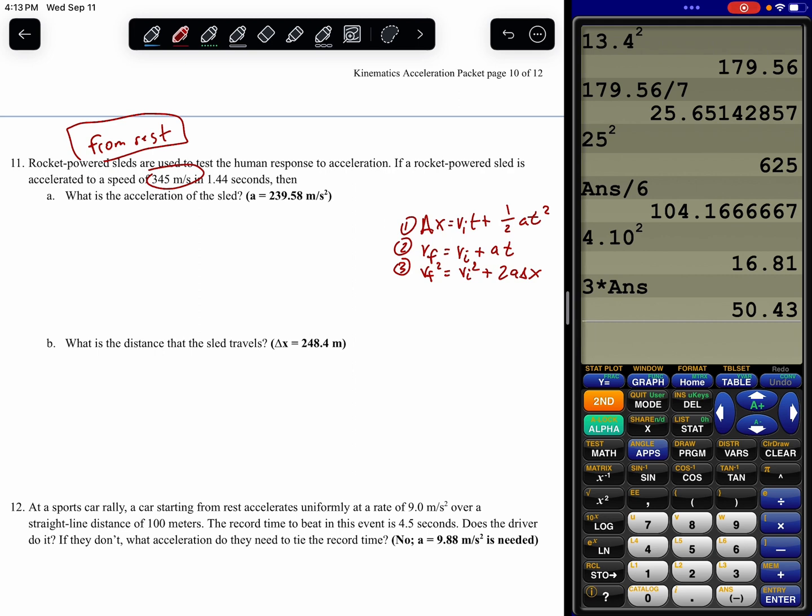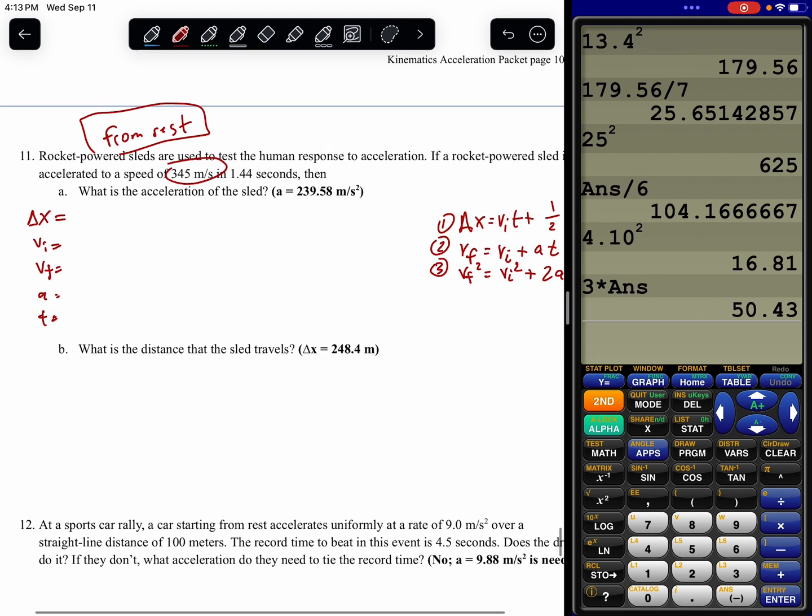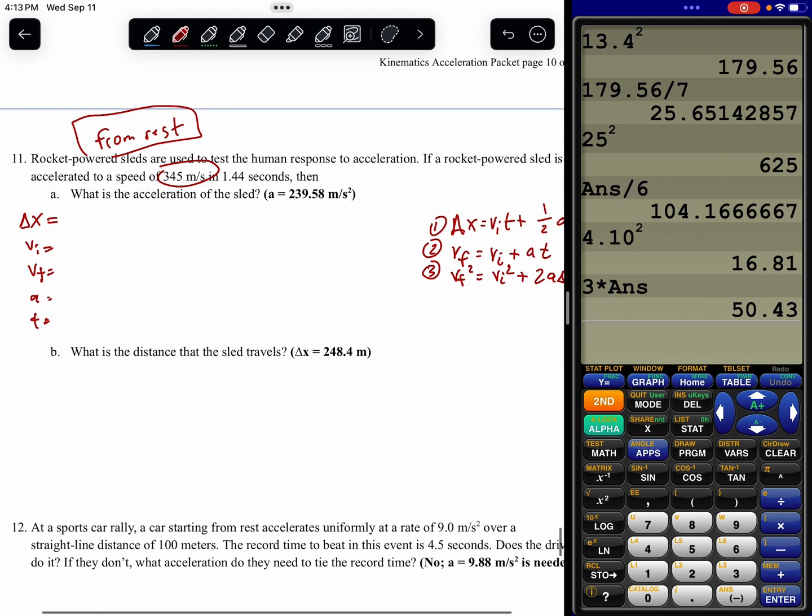So let's list out our variables. We're solving for acceleration here. Delta x, v initial, v final, a, t. Awesome. So we are from rest, 0 meters per second, to a speed of 345 meters per second, and then a time of 1.44 seconds.